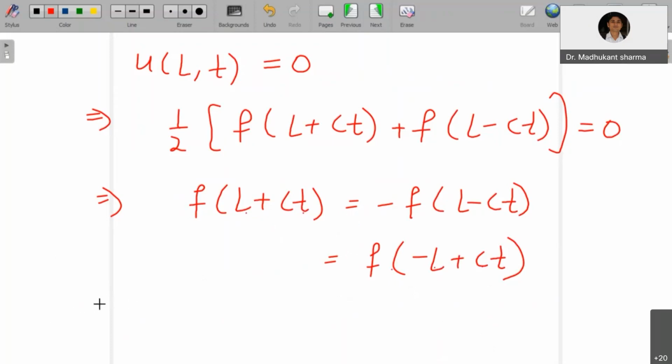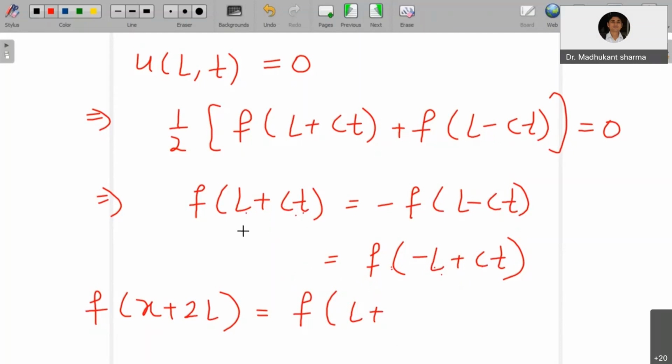So if you take f of x plus 2L, this is equal to f of L plus, I just want to show that this must be equal to f of x. So L plus ct, you have this equals f of minus L plus ct.